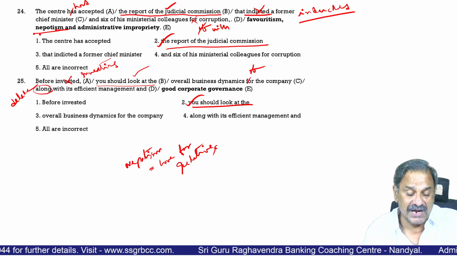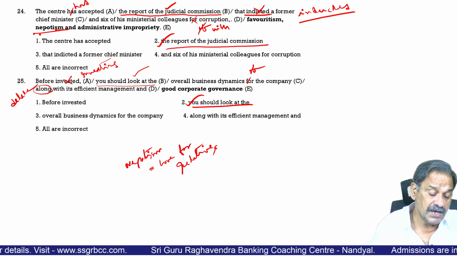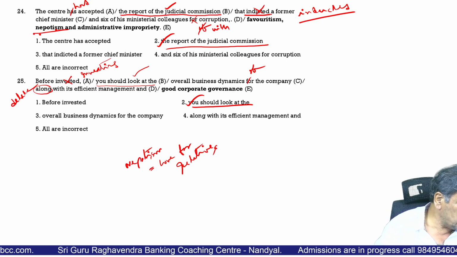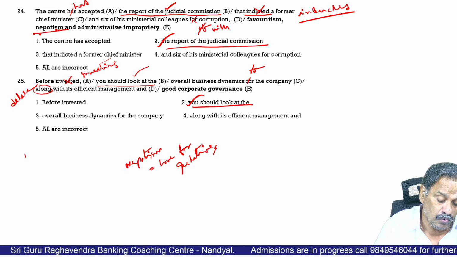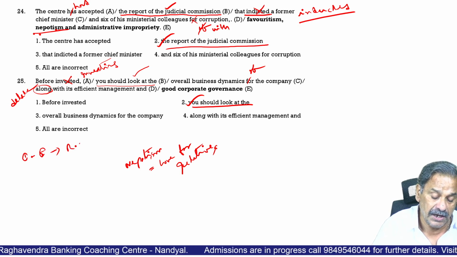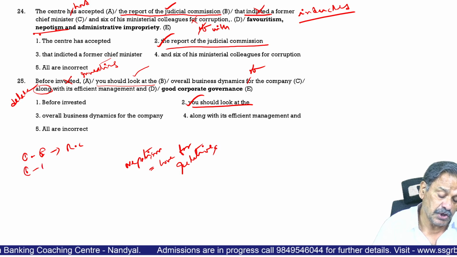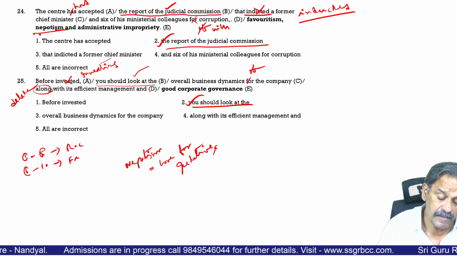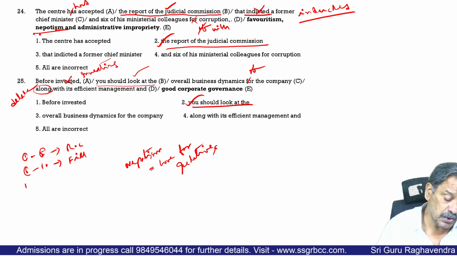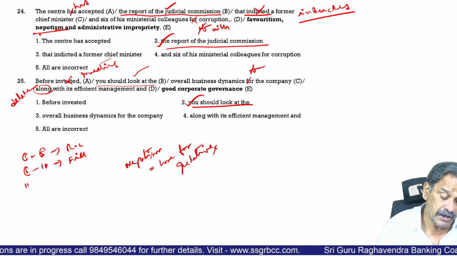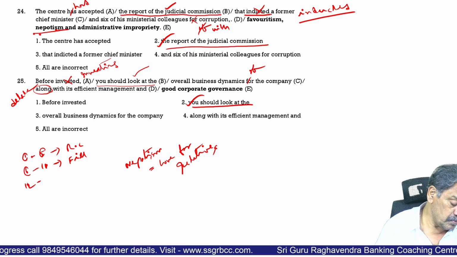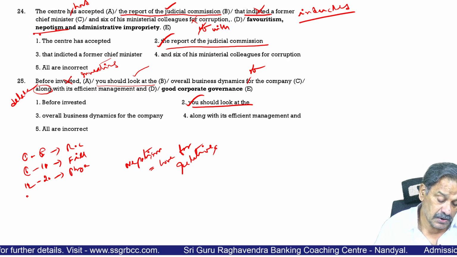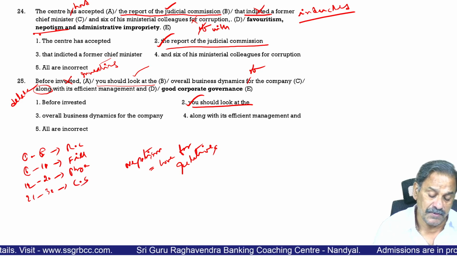So as far as this paper is concerned, here I just want to give some clarification and analysis with regard to this paper. 1 to 5 reading comprehension, then 6 to 11 fill in the blanks, 12 to 20 phrasal verbs, then 21 to 30 correction of sentences.